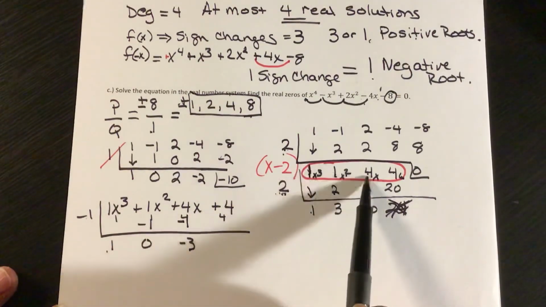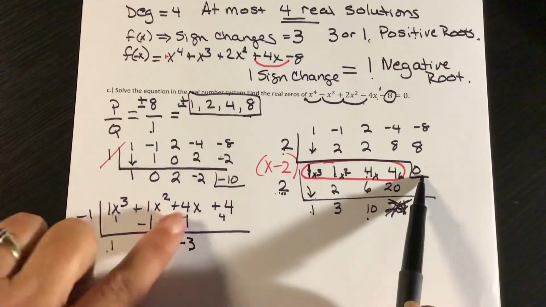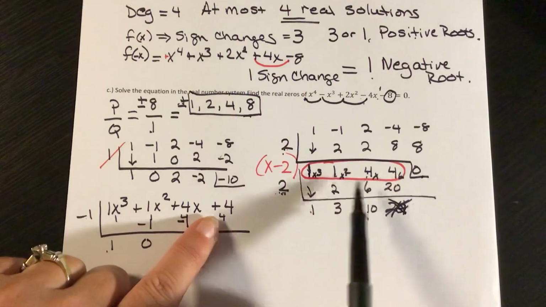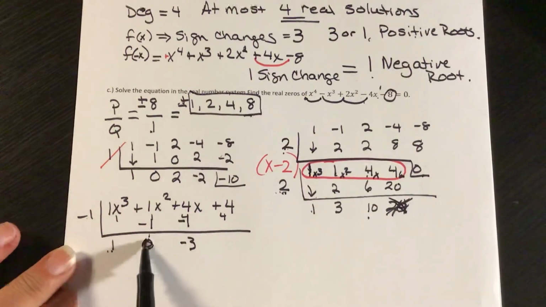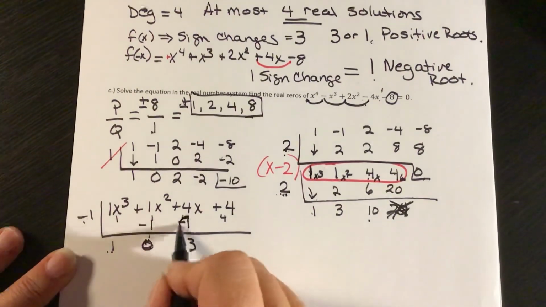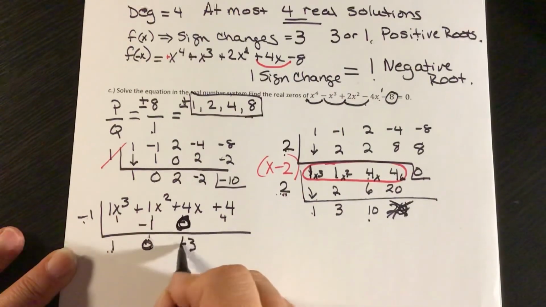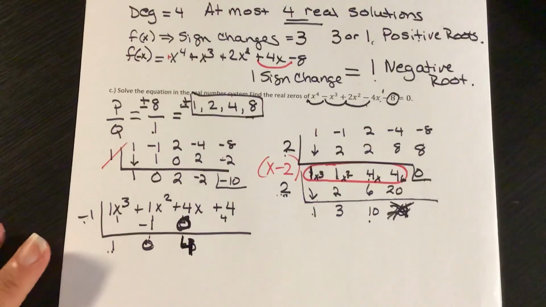1, 1, 4, 4. That should work. Negative 1, add, I get 0. Negative 1 times 0 is 0. Add, I get 4. You're probably thinking, come on, Miss Gurney, you probably saw that all the way up there.